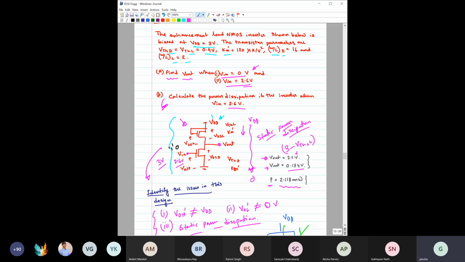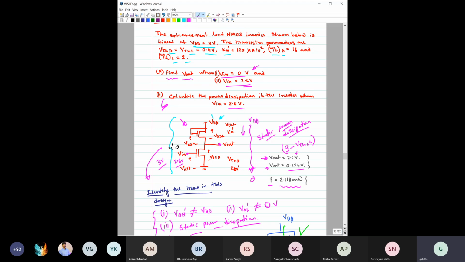So if the temperature of the IC is rising, then what is the current that you are expecting? Suppose at room temperature you have calculated a current of 1 milliamp. Maybe at the elevated temperature that may reduce to 0.2 milliamps. So it can significantly reduce. So your entire circuit will fail then, right? So you have to keep that thing in mind also.